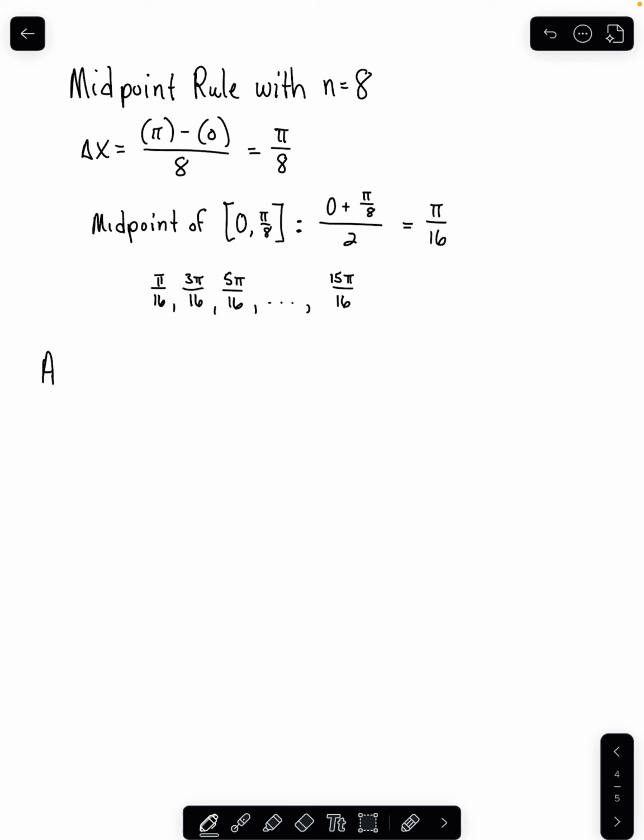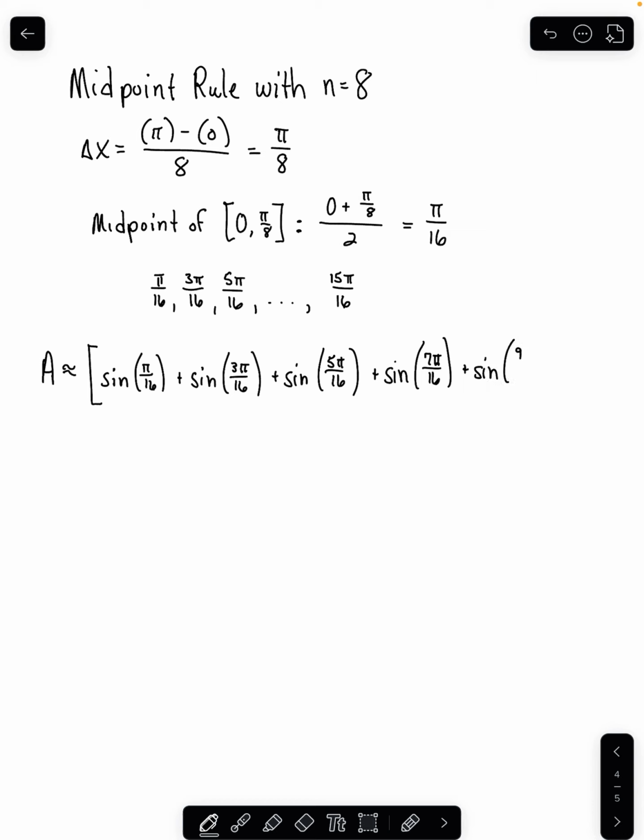So our approximated area will be given by sine of pi over 16 plus sine of 3 pi over 16 plus sine of 5 pi over 16, etc., so that we have 16 such terms.